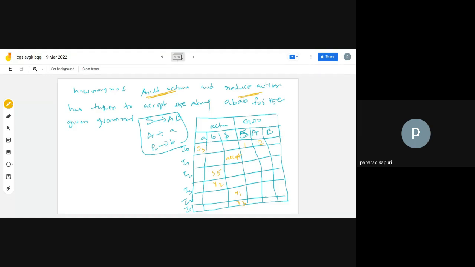So with this we can check how many shift actions and how many reduction actions are performed. Like that you may get the question. So you can attempt the question by knowing this algorithm and by performing these steps.